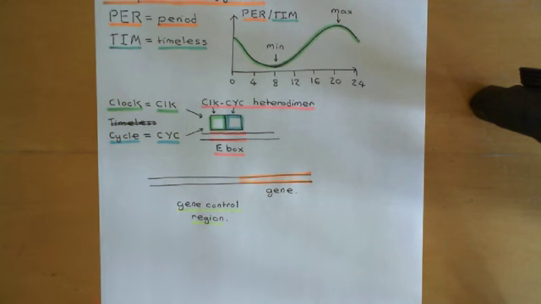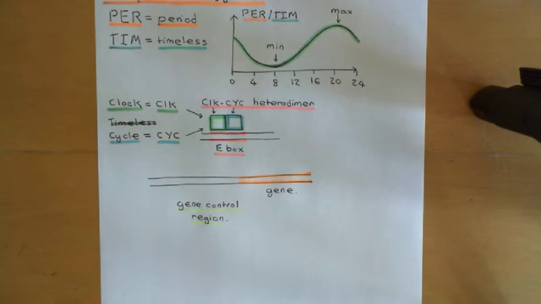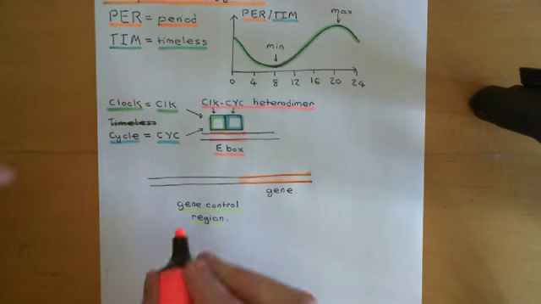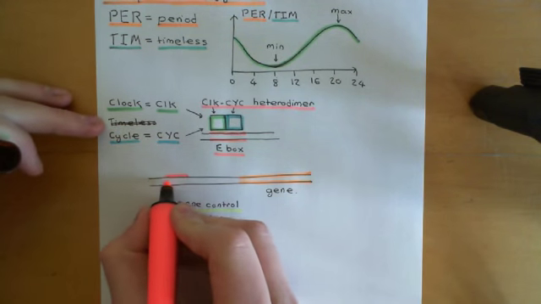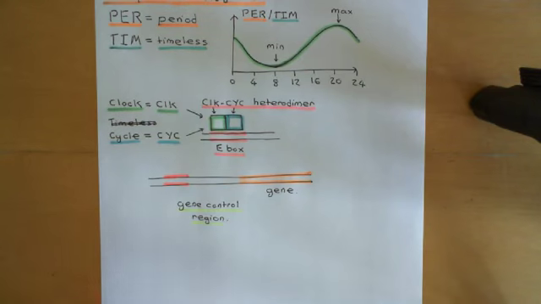When Clock-Cycle heterodimers bind to that E-box, they can affect the transcription of the downstream gene, and they tend to increase it. So here we might have an E-box in the gene control region of this gene.